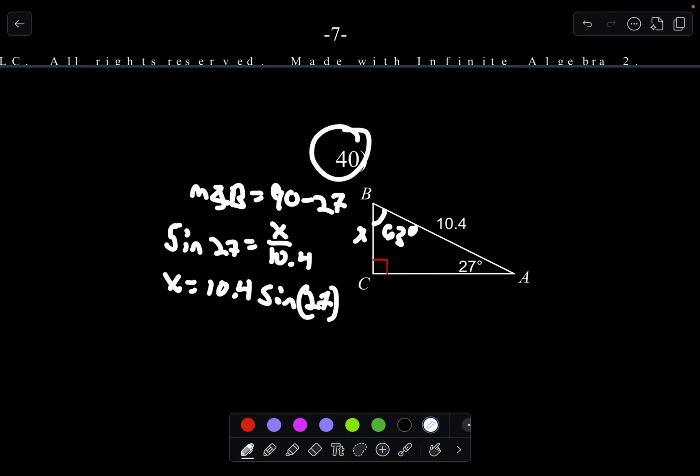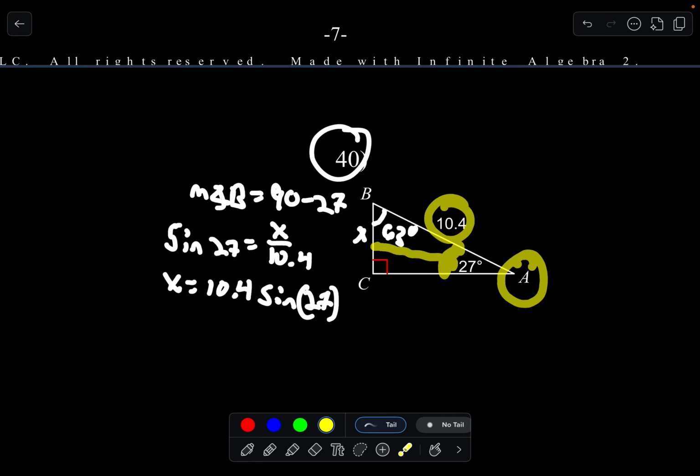So I'm focused on this angle. I'm using sine, which is opposite x over hypotenuse.